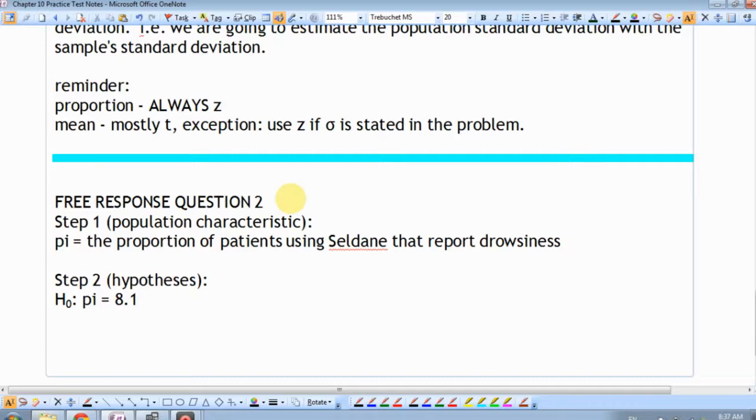Well, we want to know if Seldane has greater proportion of drowsiness than the placebo. So we start off by assuming that they have the same. Reporting drowsiness using placebo. Remember, placebo patients are not actually taking a medication.